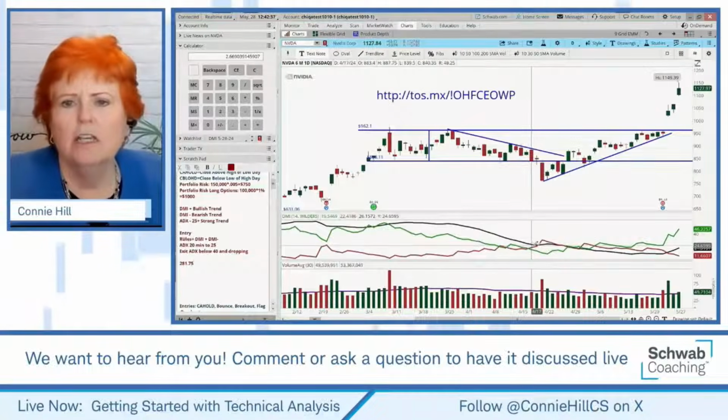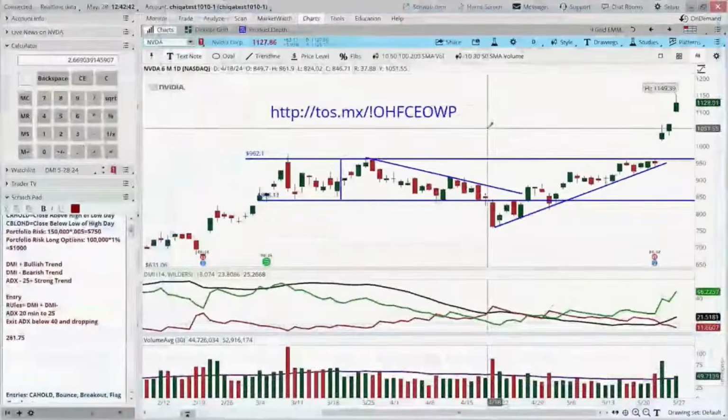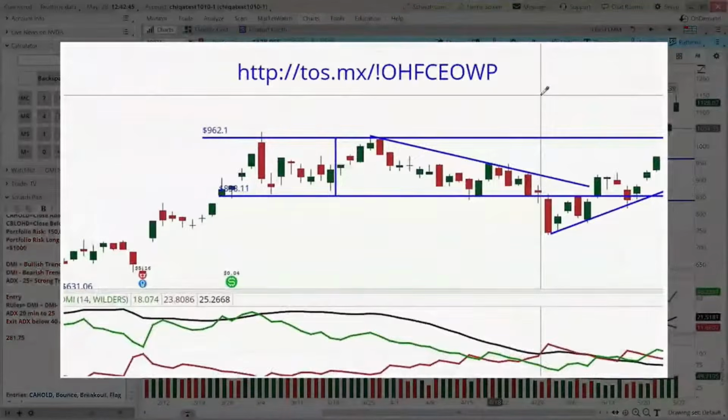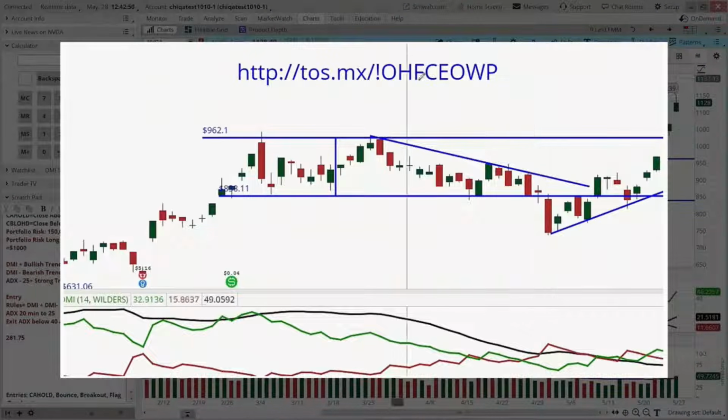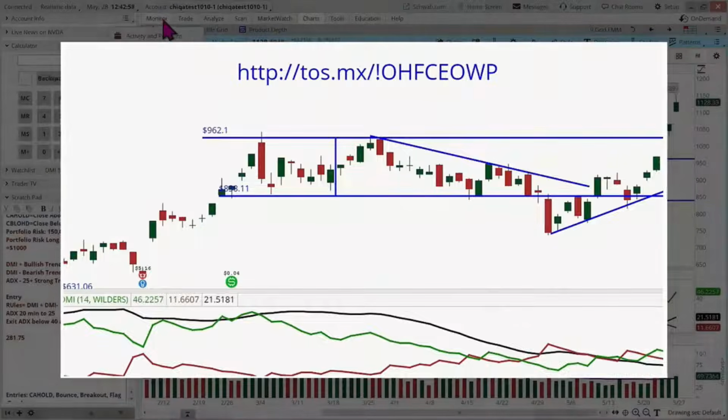Go ahead and pause, and then you can just write down what this code is for that scan. Remember, all these scripts that we share with you are not guaranteed as to accuracy of timing, and this could change throughout the day, right? We would expect that to occur. So you just need to be aware of that.